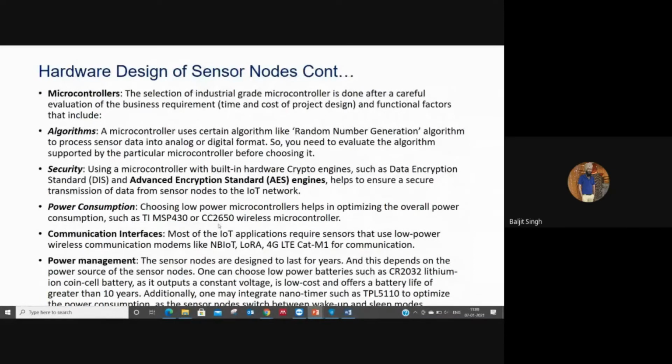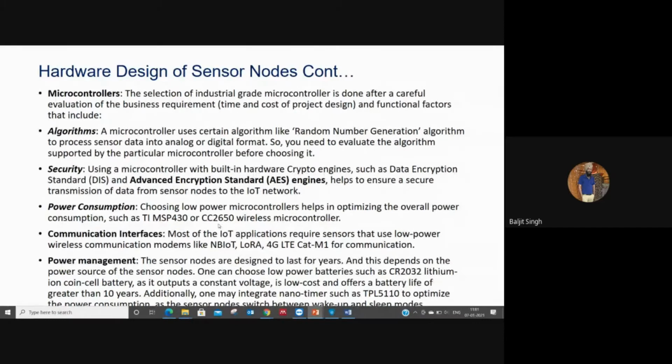The sensor nodes are designed to last for years. Once we install these sensor nodes, in some applications, some people have achieved up to 10 years of battery life. Once you plug in, that battery will work up to 10 years.